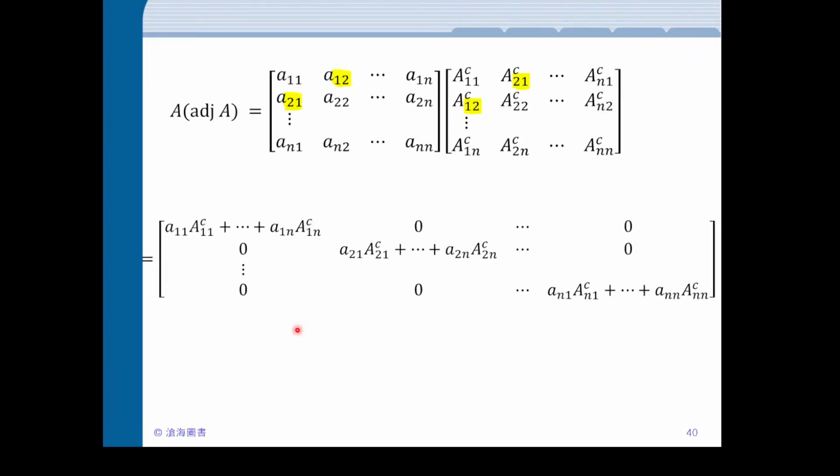For example, you have this row multiplying this column, then you will have i equal to 1, and this will have j equal to 2. Okay, so you see you have 2, 2, 2, 2, 2 here, and 1, 1, 1, 1 here.